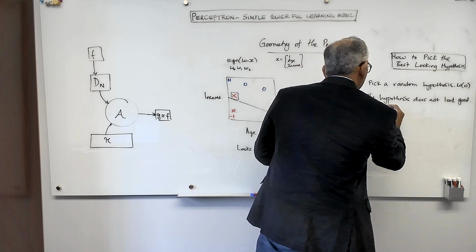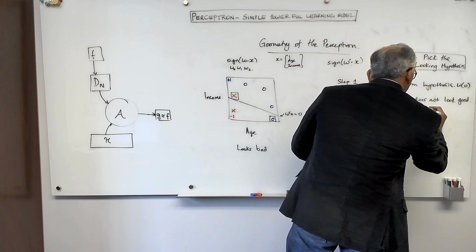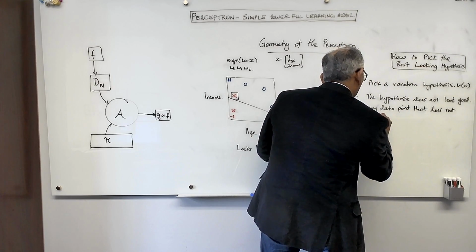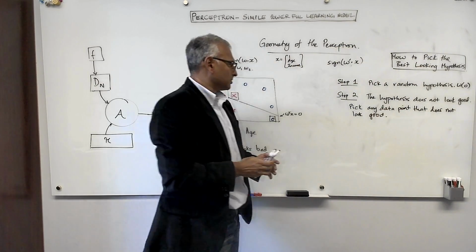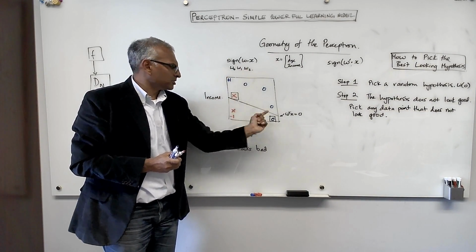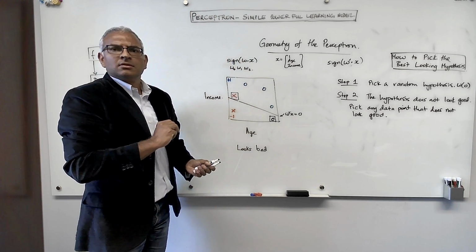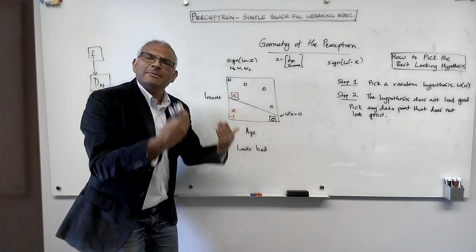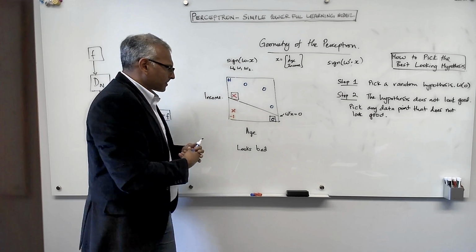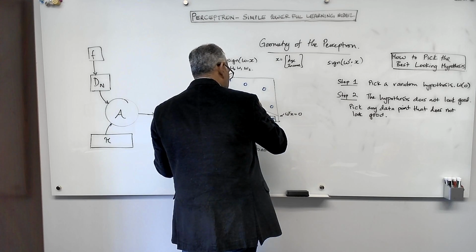So, pick any data point that does not look good. Okay, so for example, this red X. Because we're in a situation where the hypothesis does not look good, move the hypothesis in the direction that tries to make this look good. Okay, so move the hypothesis in this direction.